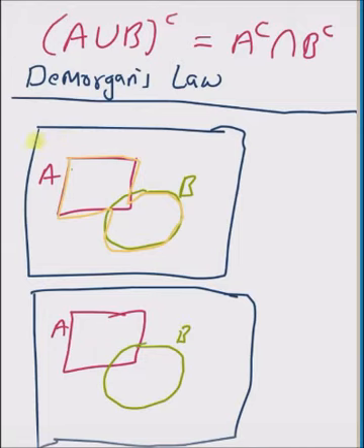And by taking the complement of this set, we get the set A union B complement. That is the following region.